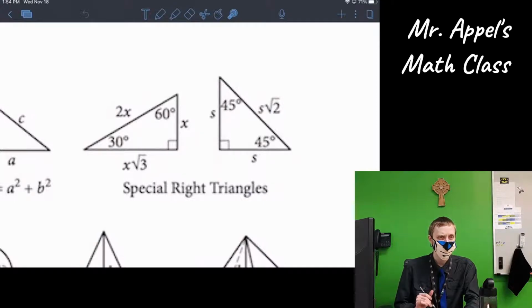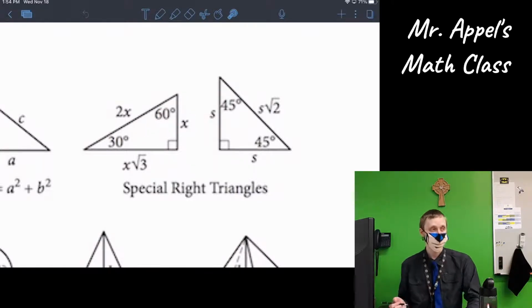Right? So once you work out the special right triangles, they always have one side with the radical. Radical of what? Do I have 2 of a kind? Square root of 2. Do I have 3 different ones? Square root of 3. Right? One angle's twice another, one side is twice another. And vice versa. If one side is twice another, you can work out that one angle has to be twice the other.